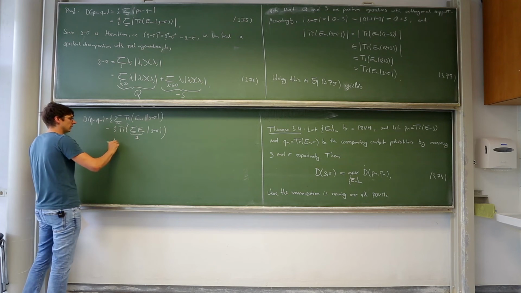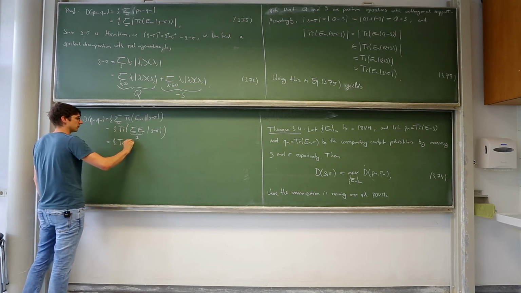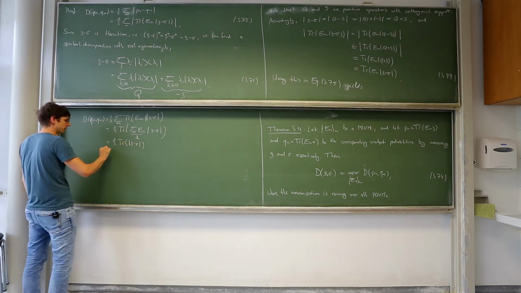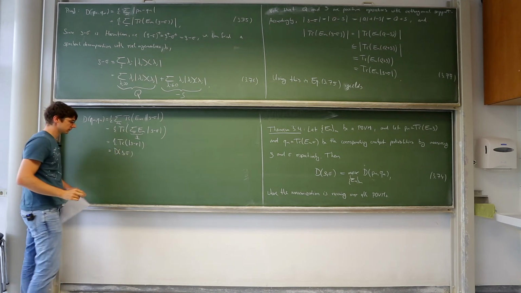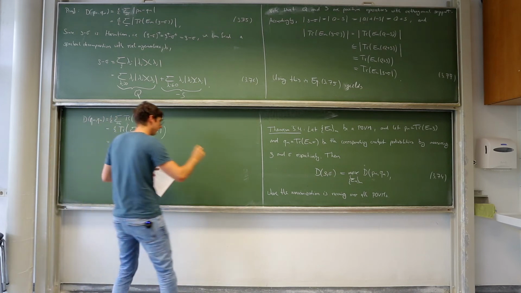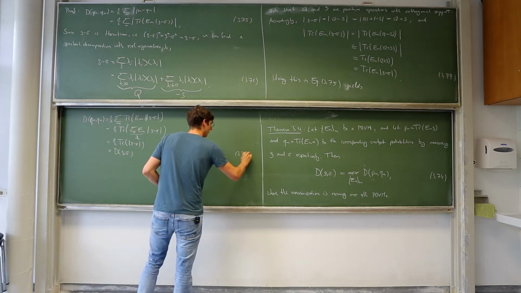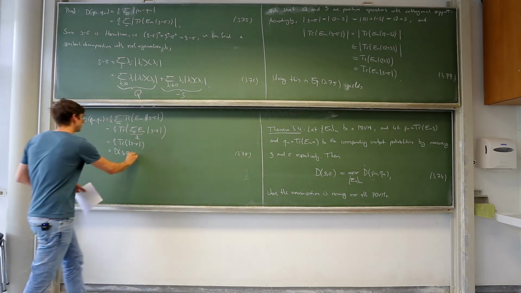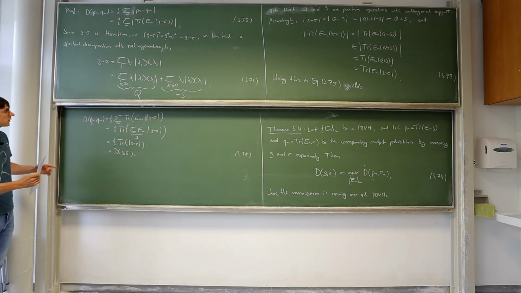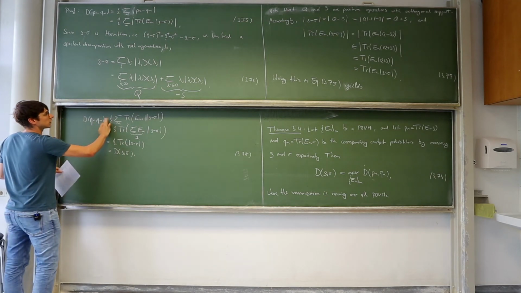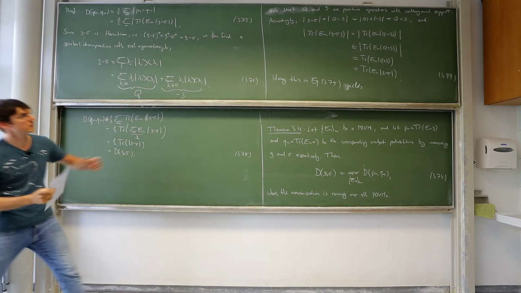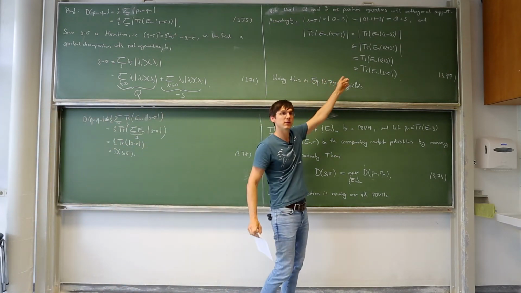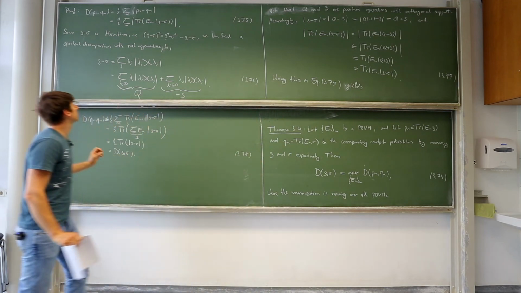So we get 1/2 trace of the modulus of rho minus sigma, which is the quantum trace distance of rho and sigma. Well, this is almost what we want. Sorry, here must be a smaller or equal, because we have this inequality here in 377. So it's almost what we want.